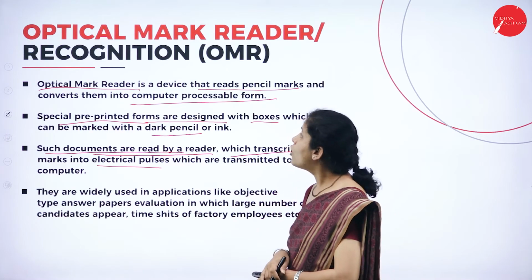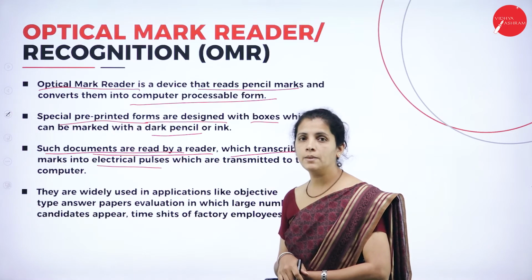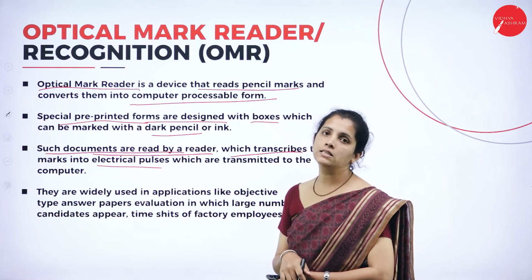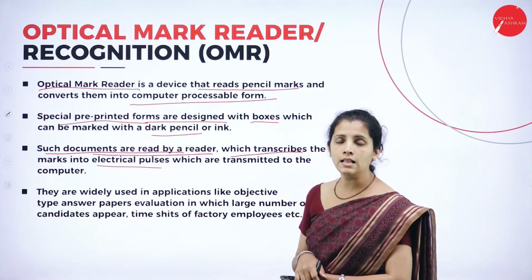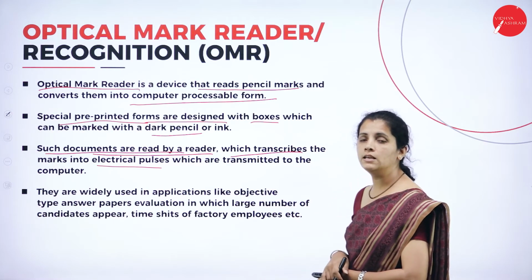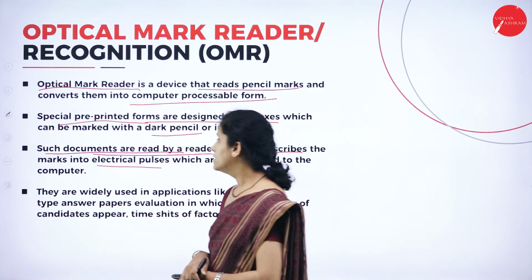Now, this optical mark reader is responsible for reading the marks. Once the mark is read, it is converted into an electronic pulse or electronic signal, and that is given to the computer system.